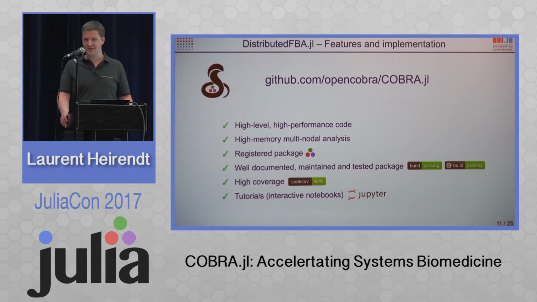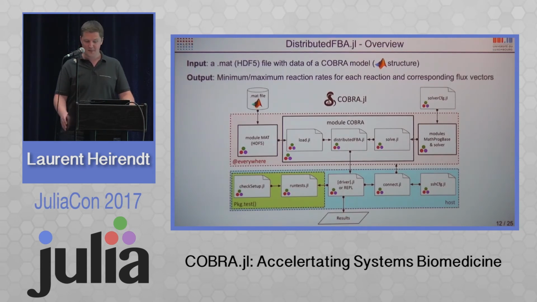To get you started, there are also some Jupyter notebooks that you can use to run your first flux balance or flux variability analysis. Cobra.jl started about 8 months ago, so it's still a very small package. But essentially, there is one function, the distributed FBA function, I'm going to tell you about. So how does that really work?